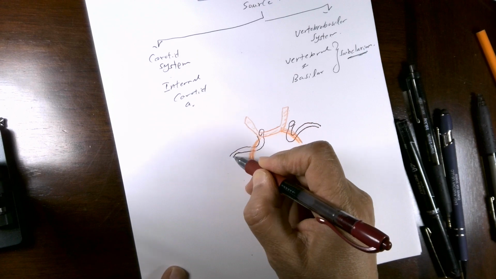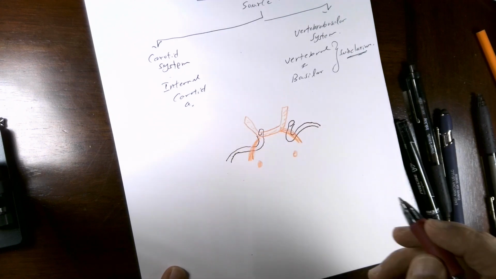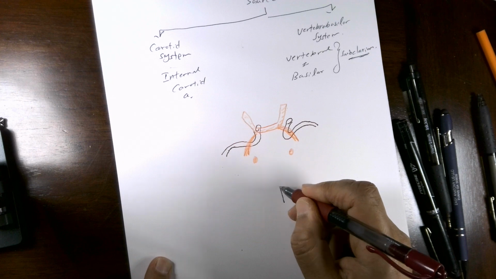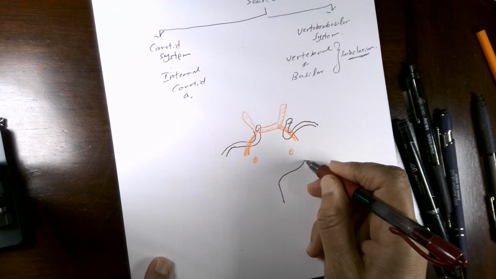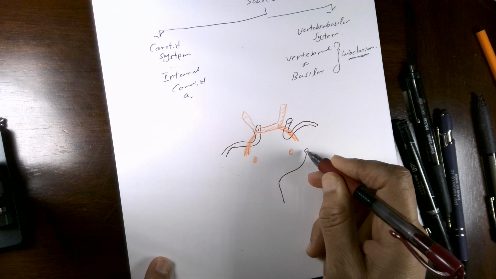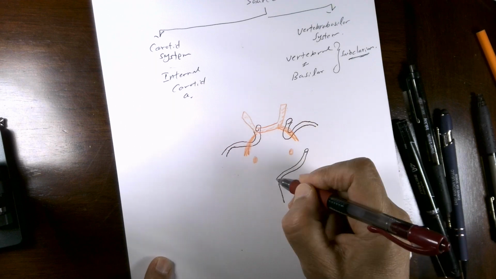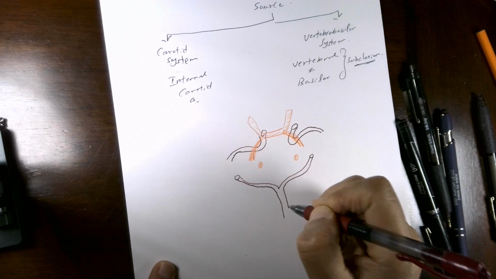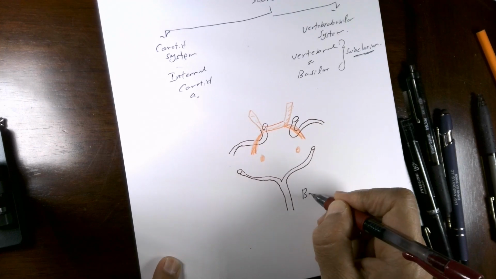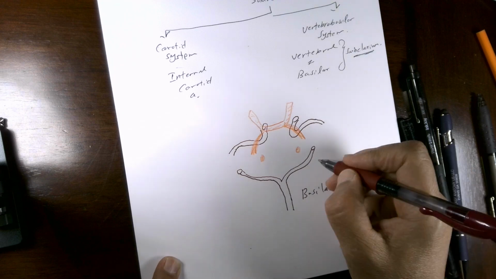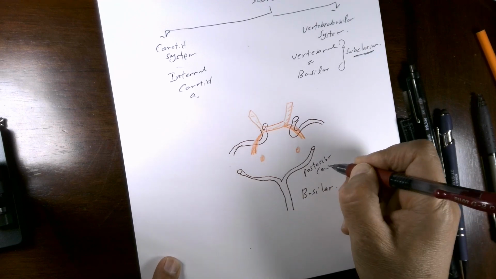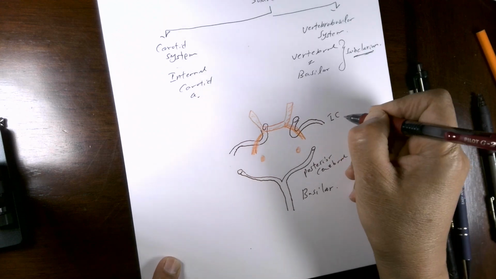Okay. Then from back you will find basilar artery is going to split into the two major branches, which are posterior cerebral arteries. So you have basilar and posterior cerebral. This is internal carotid artery.